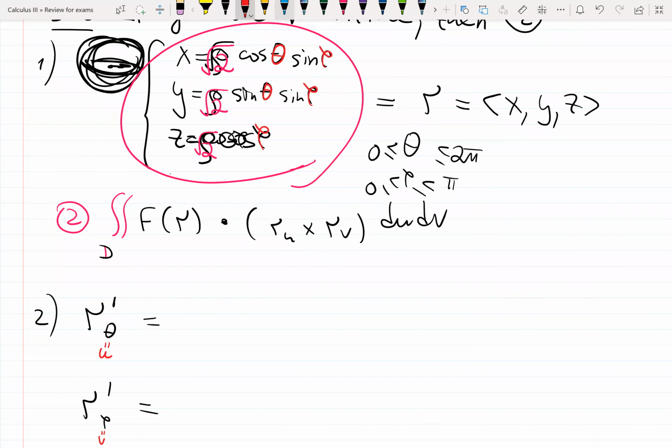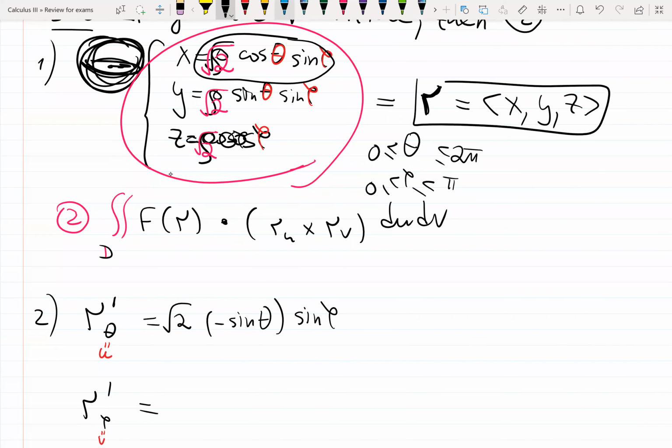But the radius is fixed, it's always square root of 2. So let's differentiate r with respect to theta. I'm looking at the x variable first. Square root of 2 minus sine theta, sine phi. That's not it. We're differentiating the whole r, not rho.